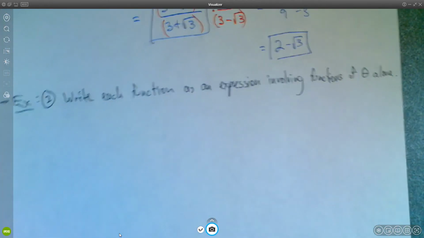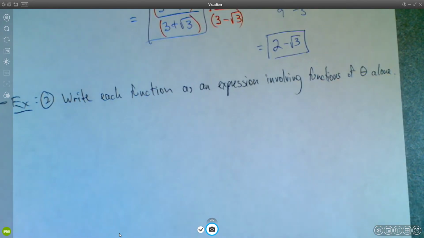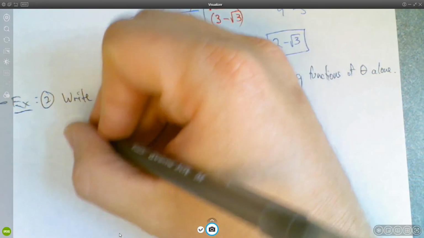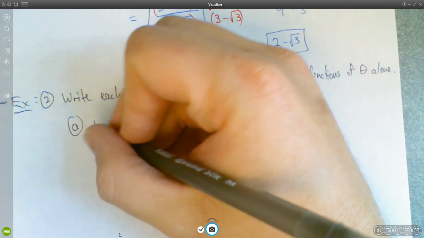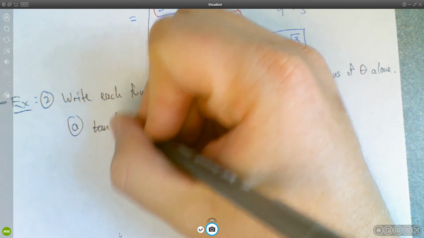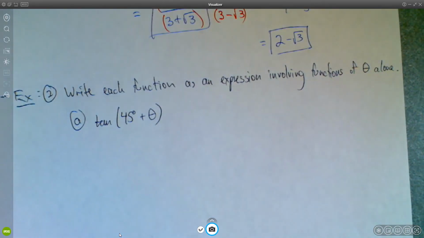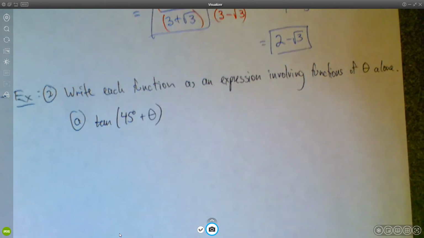Okay, so we don't want like theta over 2 or 2 times theta or anything like that. We just want theta by itself. So let's do this for tangent of 45 degrees plus theta. You can probably guess what you're going to have to do here, right? So go ahead and pause the video and see if you can work that out.